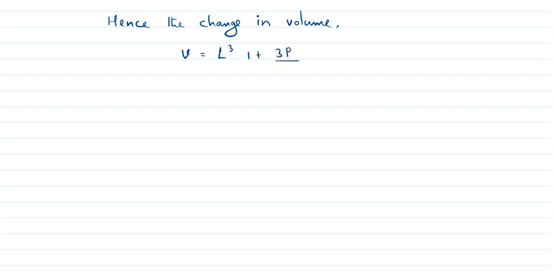Next we find out the change in volume. The change in volume, small v, is equal to L cube, 1 plus 3P divided by Y, 1 minus 2 sigma, all in brackets, minus L cube.